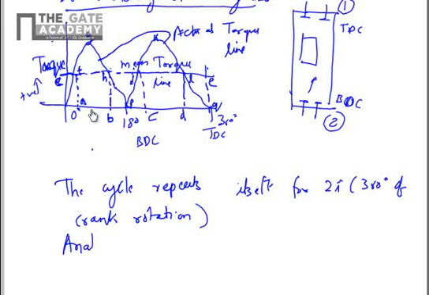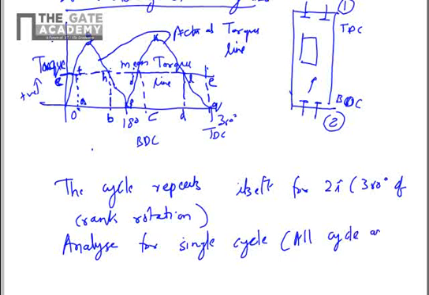We will analyze a single cycle, and then those results will be applicable for the series of cycles, because all cycles are identical. This is the assumption that we are making. There will be cycle to cycle variation in an actual engine, but we are not considering this in the present design. We'll have a turning moment diagram that is supposed to be representative of all the cycles of the engine.